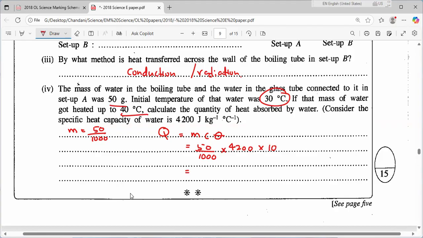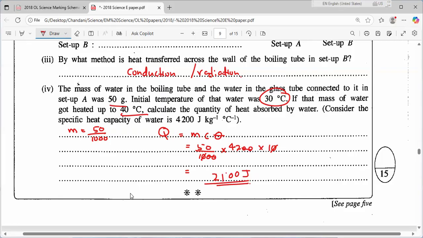So the two zeros and one zero we can cut, and 5 times 2 is 10, 1 is remaining, and it's 2100 joules, right?